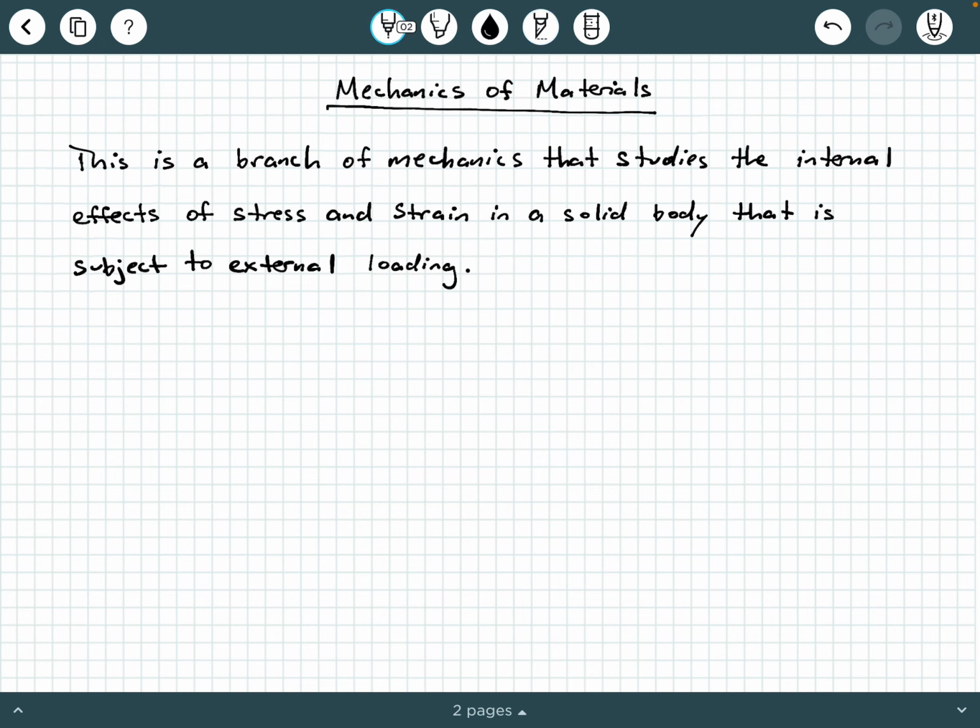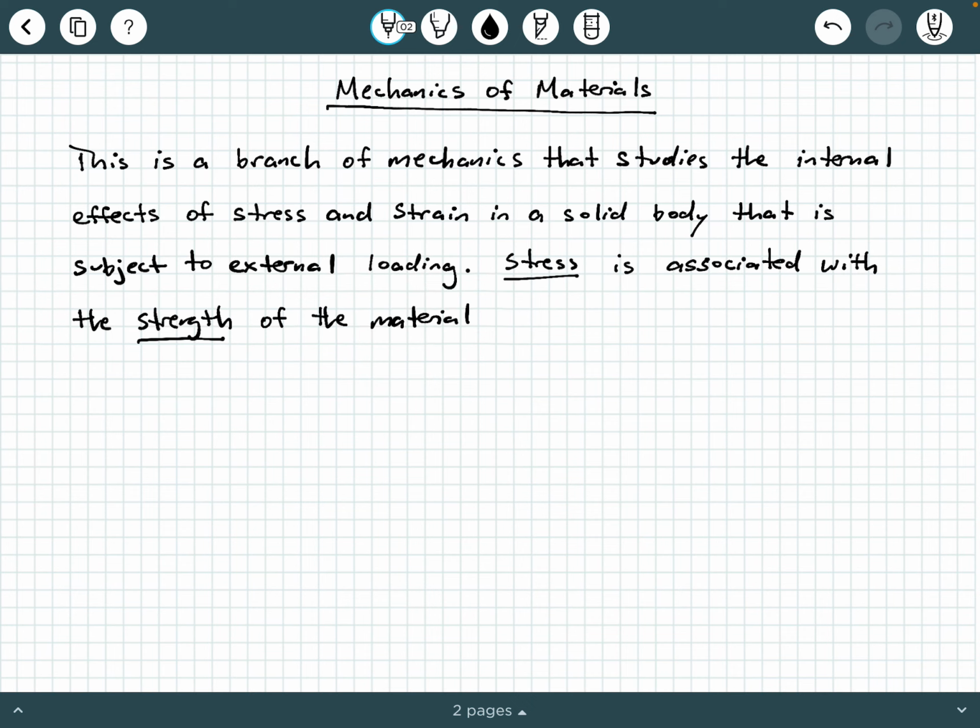So let's dive a little deeper into this. What is stress first? What is the basic idea of stress? Well, stress is associated with the strength of the material of which the body is made.